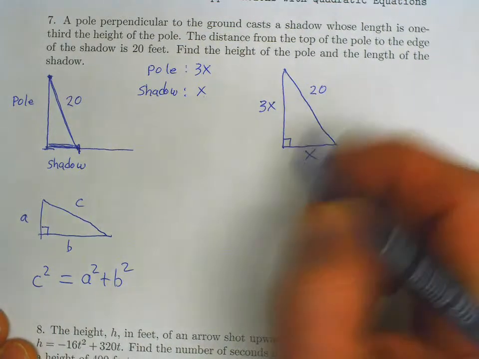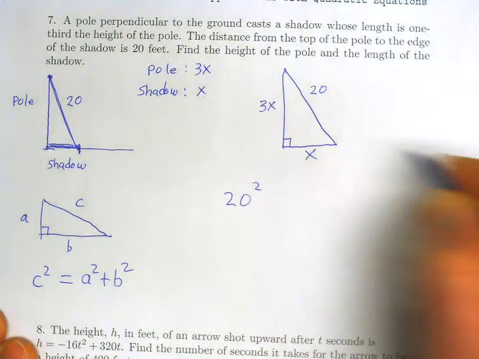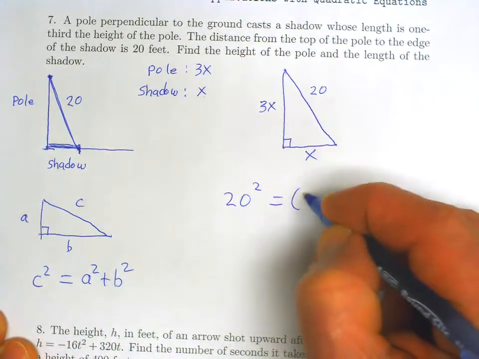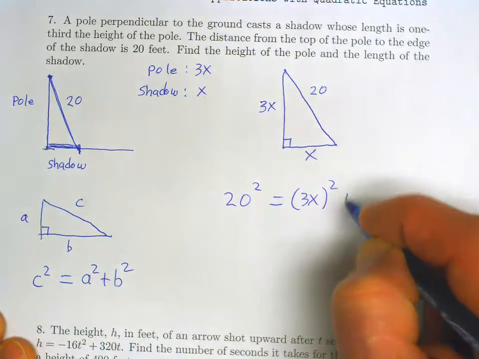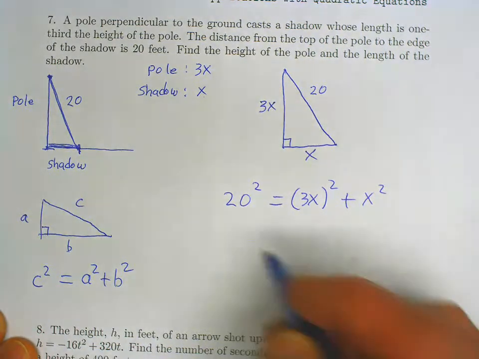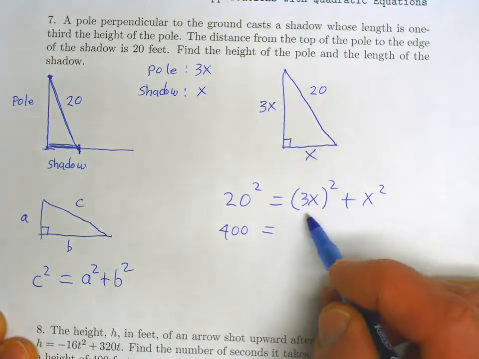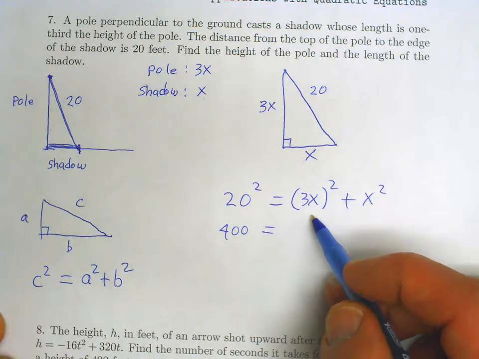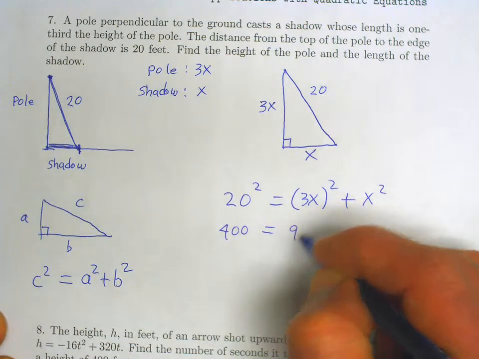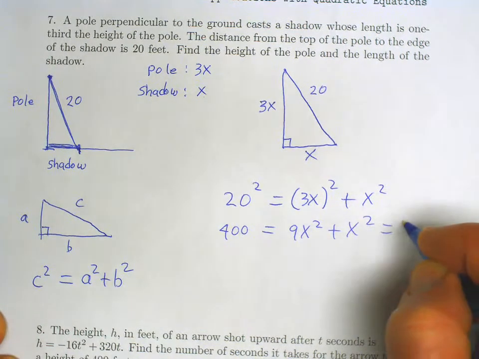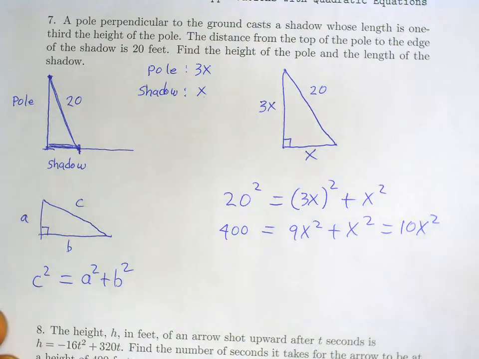Okay, so square the hypotenuse, 20 squared, and that's equal to the term 3x squared plus x squared. 20 squared is 400. Here you have to make sure you're careful. When you square 3x, you get 9x squared, and then plus x squared, which is a total of 10x squared.